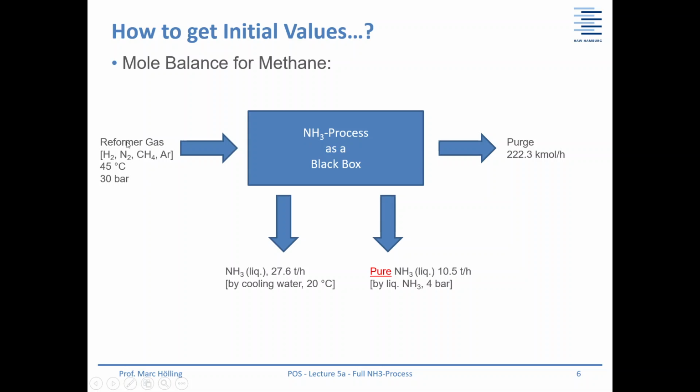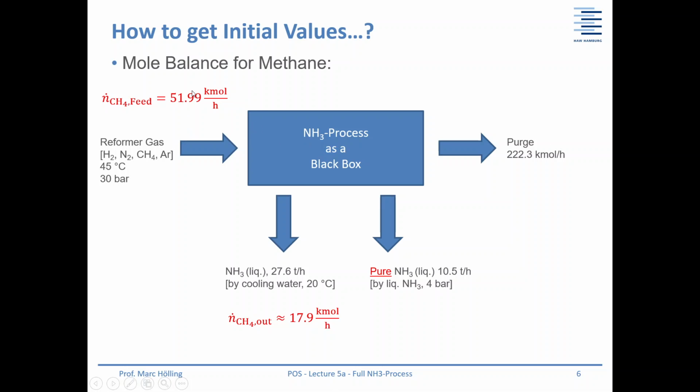So what do we know? We know the mole flow here, and we know the composition. So we can say, okay, our methane coming to the system should be in the range of 52 kilomoles per hour. Okay, then we can calculate the mole flow of the ammonia. We know the content of methane that is leaving the system together with ammonia. Then we will end up with a value of roughly 18 kilomoles per hour. So here we have just pure ammonia, so no methane is removed.